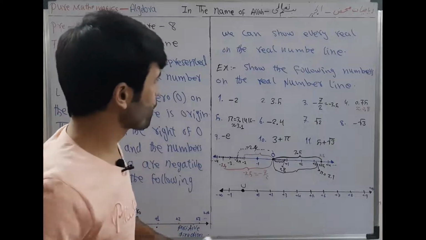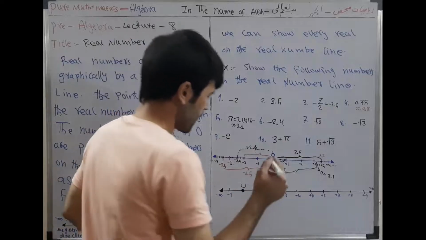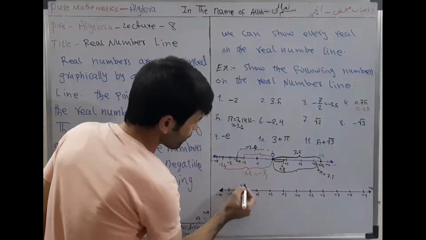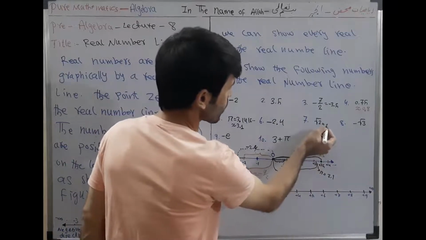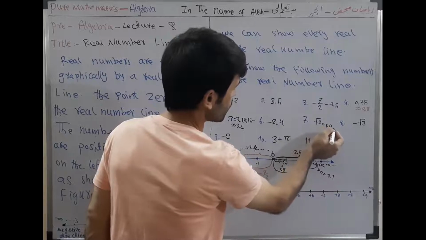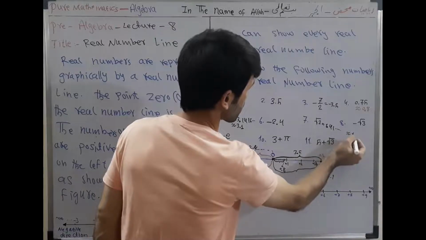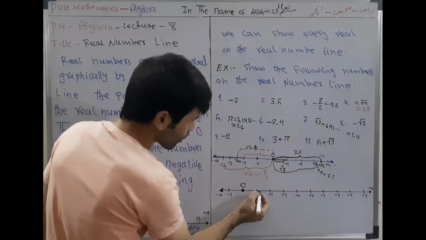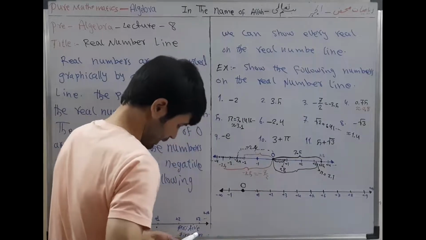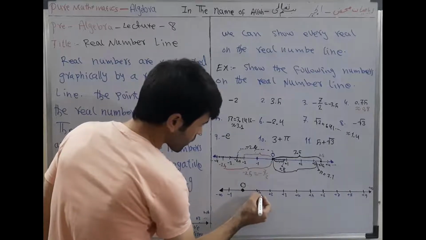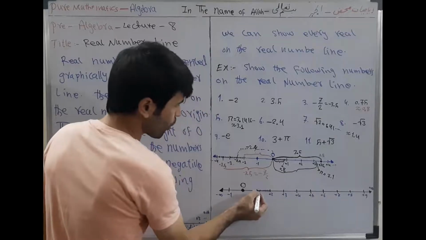Next one, square root of 2. Square root of 2 is equal to 1.41, and so on. It is approximately equal to 1.4. Here is 1, 2, 3, 4, 5, 6, 7, 8, 9, 10, then 1, 2, 3, 4.